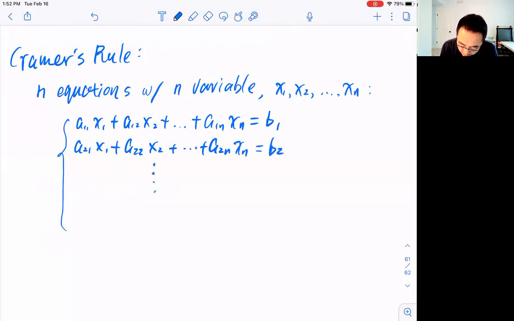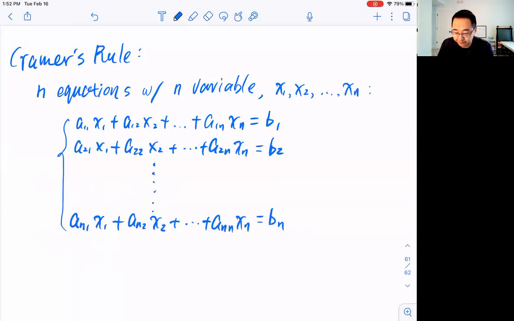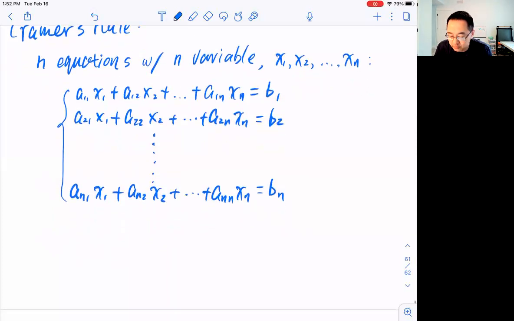And then these equations keep going all the way to an1 times x1 plus an2 times x2 plus dot, dot, dot, plus ann times xn, and that equals bn. Okay. So this is a whole system of n equations with n variables.